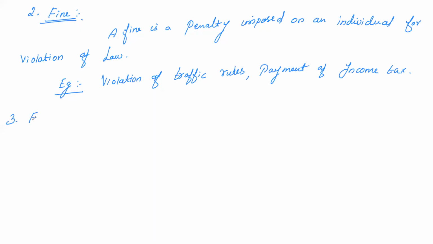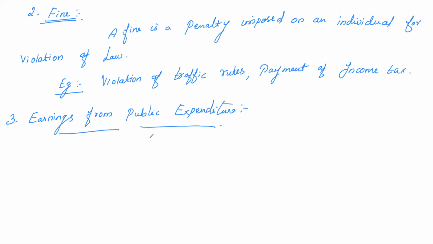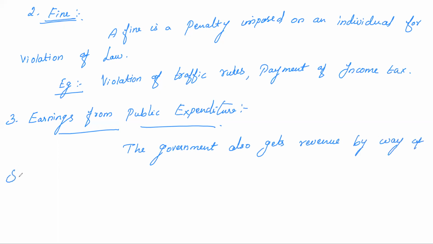Then third one is the earnings from public enterprises. The government also gets revenue by way of surplus from public enterprises.